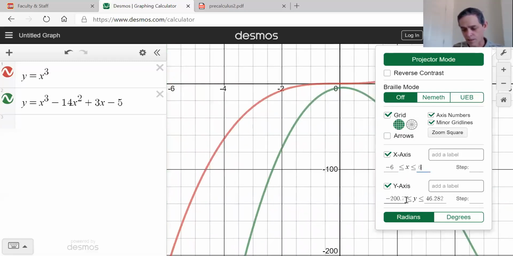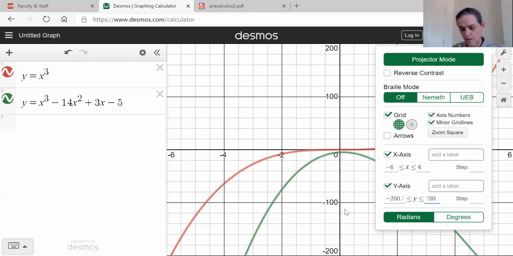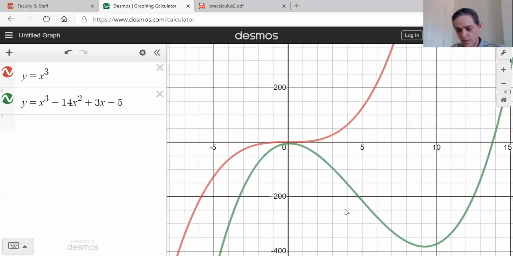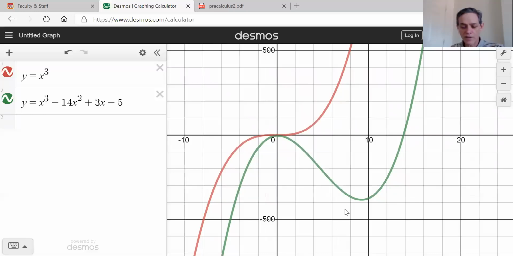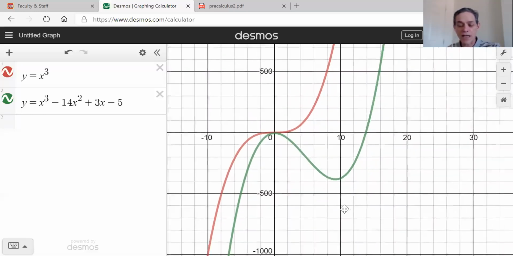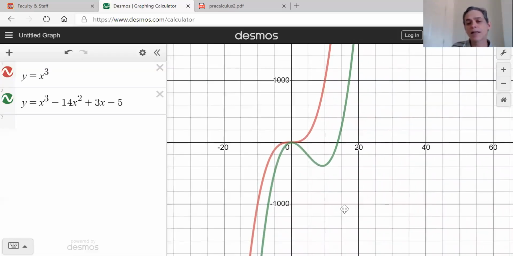All right, so that's too far. Okay, so let's see if that looks better. Okay, so here, looking kind of close, the two graphs look different. The green one has definitely more of a wiggle than the red one has. But in the ends, which is of course where we're going for end behavior, they're going to end up going in the same places. That is, the left end will be down and the right end will be up.